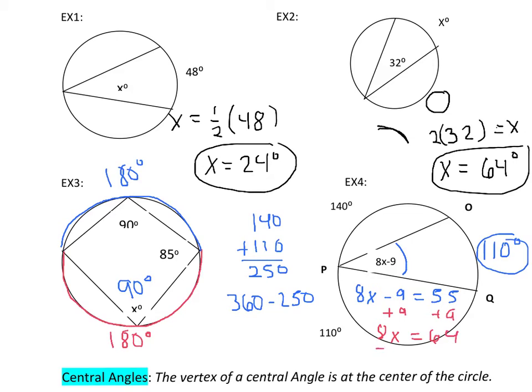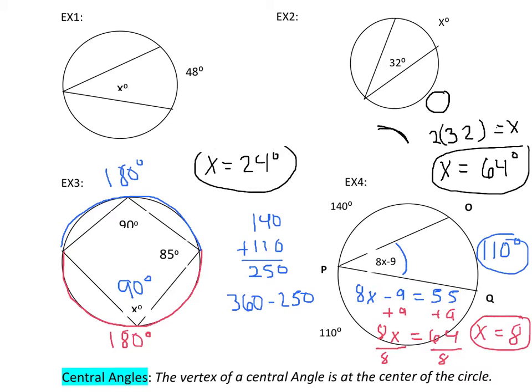Then we just divide by 8 on both sides, so the value of x is 8. That is how we answer that question. As you can see, we can do this even if we have some algebra involved.